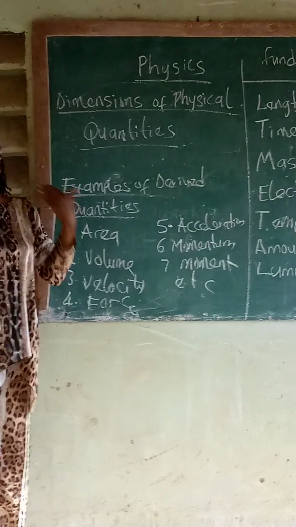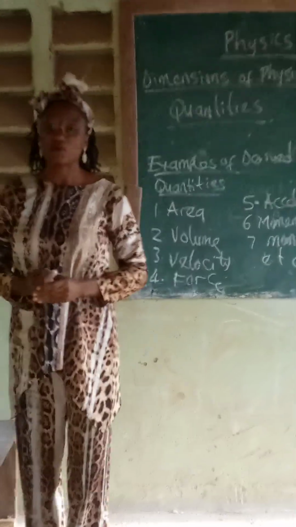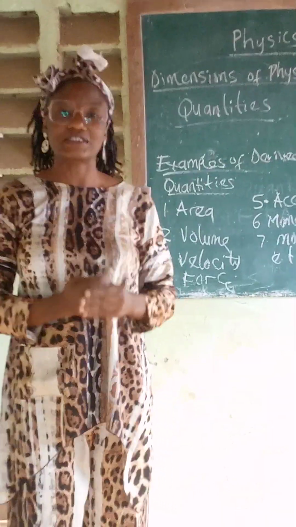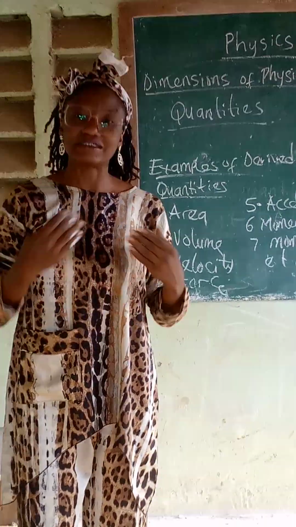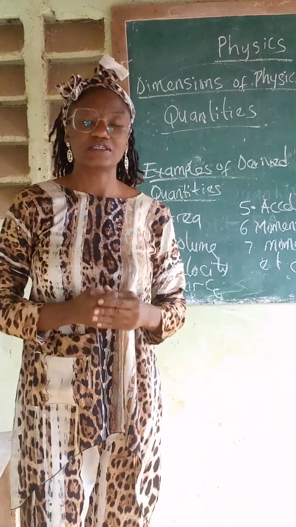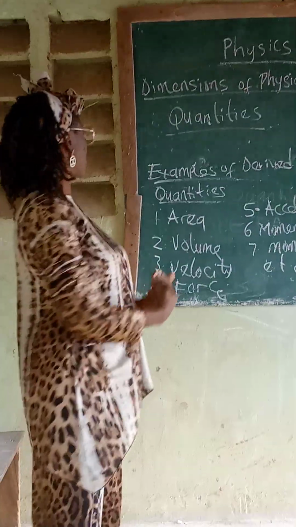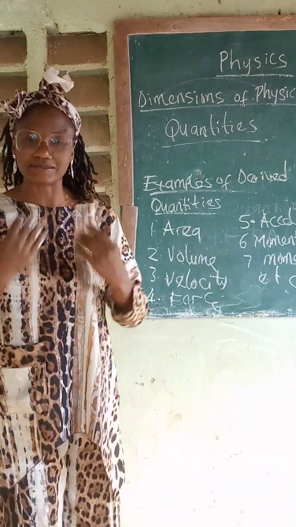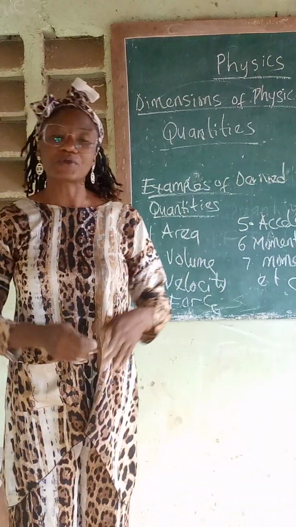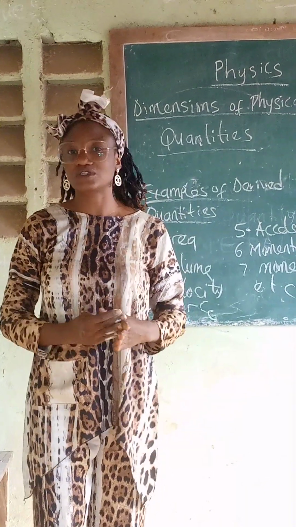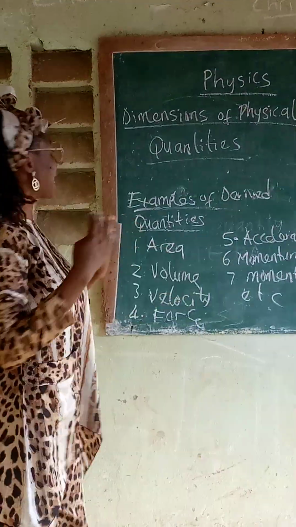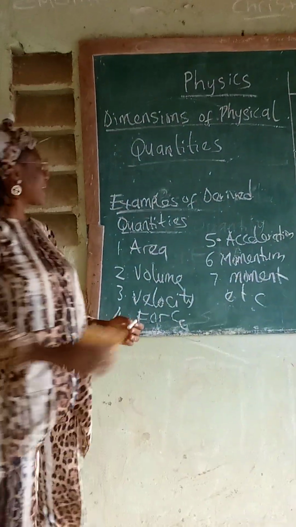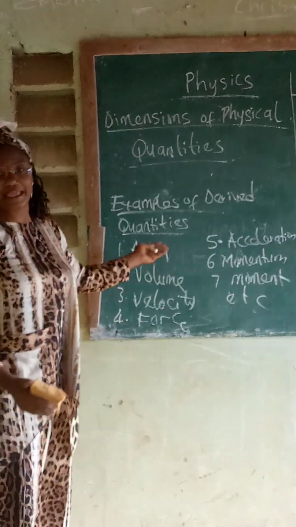When you have a combination of two or more fundamental quantities, they are termed derived quantities. The units of these derived quantities are termed derived units. So without much ado, let's go into the topic for today, which is dimension of physical quantities. Let's start by dimensioning area.